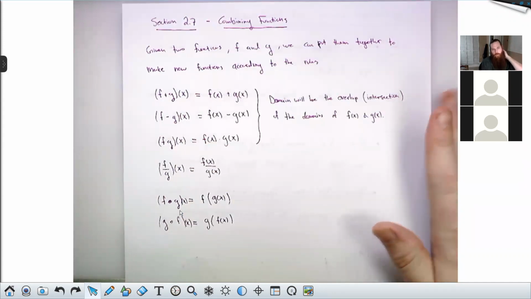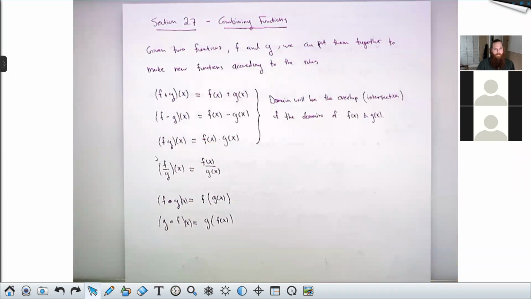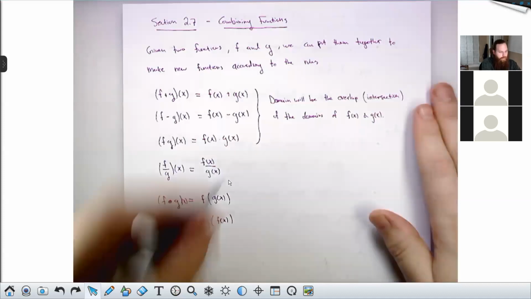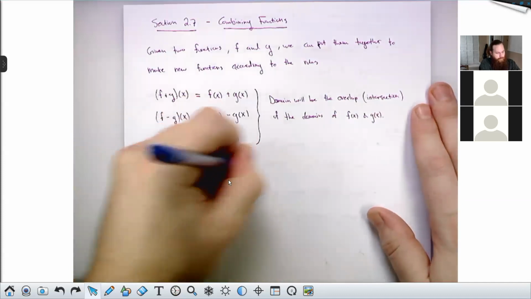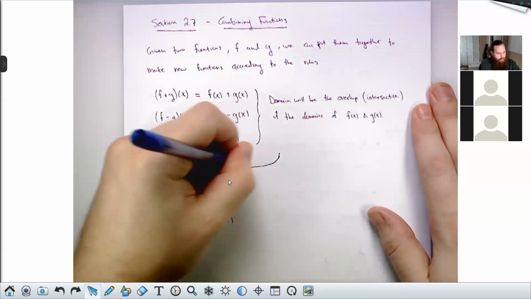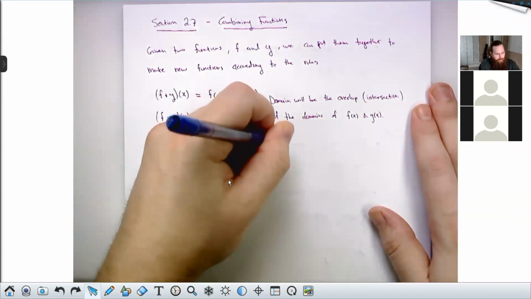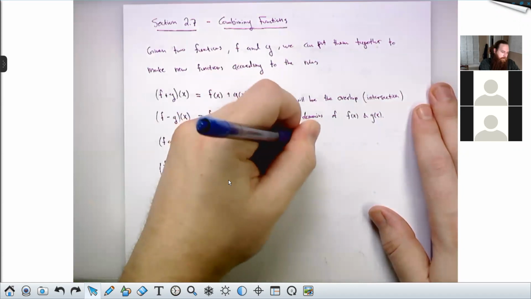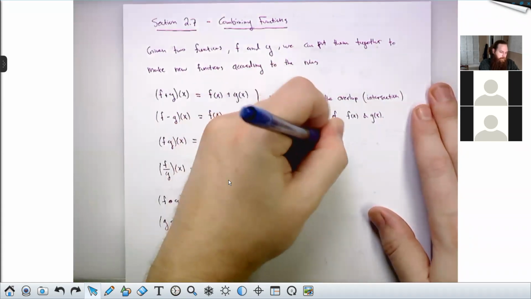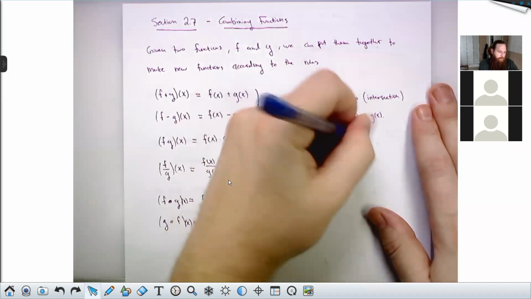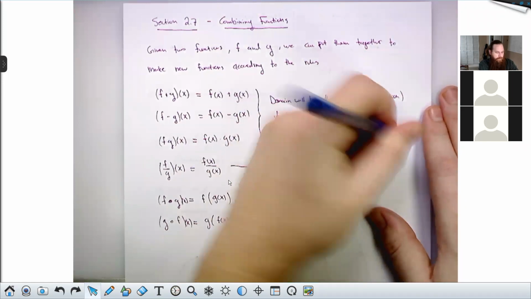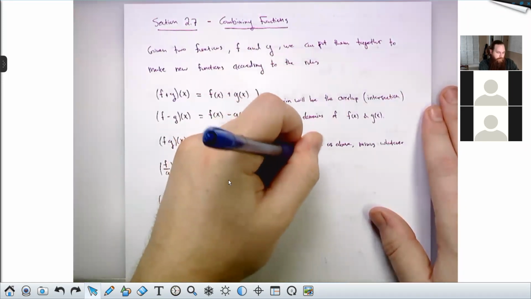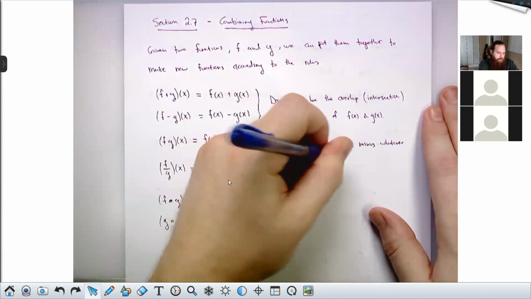The other guys don't follow quite a simple rule. The domain here is the overlap, but you also have to kick out anywhere that g, sorry, the downstairs is equal to 0. So here, the domain is the same as above, minus whatever makes g of x equal to 0, right?